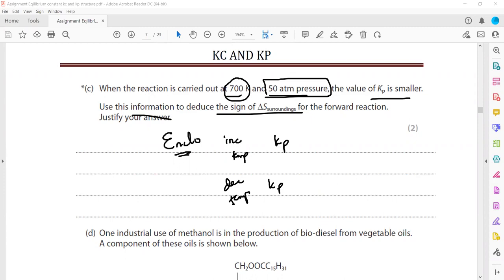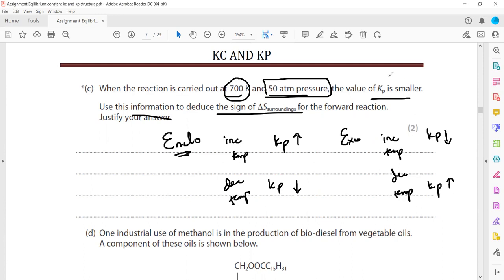Kp is small, so the reaction does not go to completion. Remember, for an endothermic reaction, when we increase the temperature, the value of the Kp will be higher, and if we decrease the temperature, the value of the Kp will be lower. But for exothermic reactions, if we increase the temperature, the value of the Kp will be small, and if we decrease the temperature, the value of the Kp will be high.